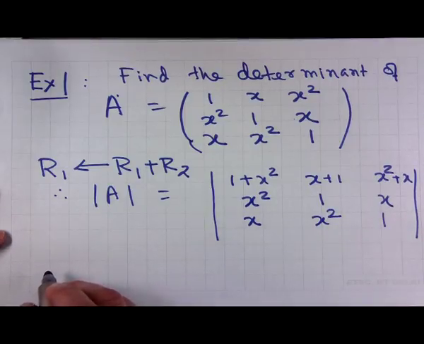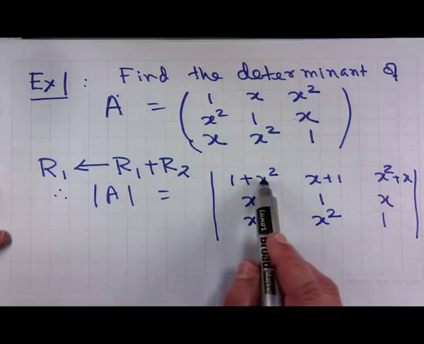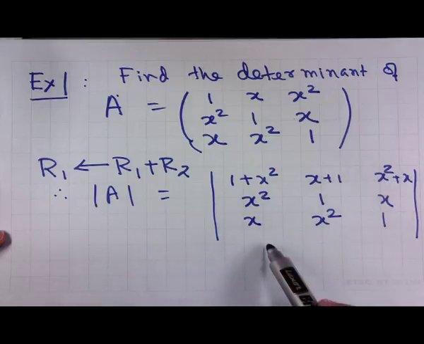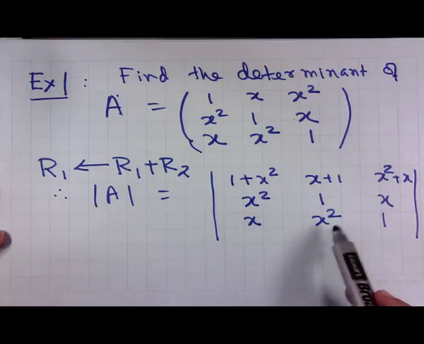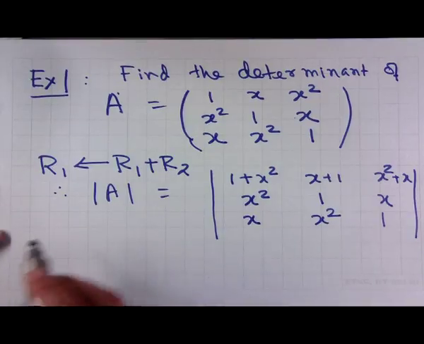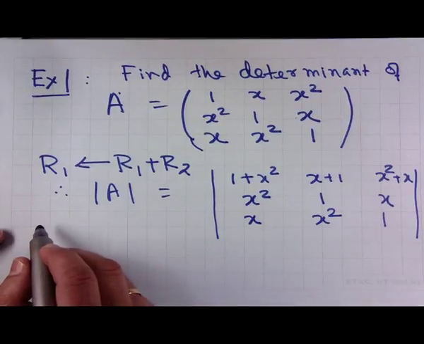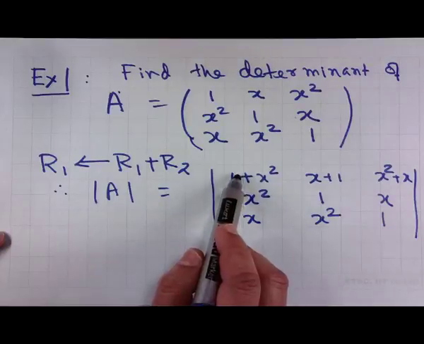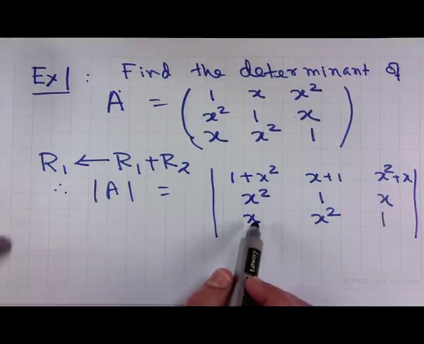Now I can see that we have 1 plus x square, 1 plus x, x square plus x in the first row, but in the third row we have x square and we have 1. So, what happens if I replace the first row by the sum of the first row and the third row?